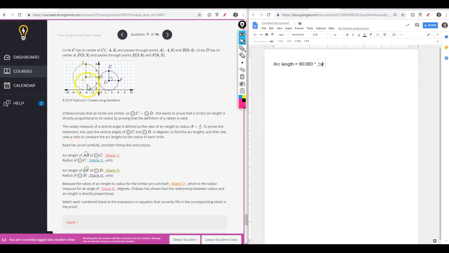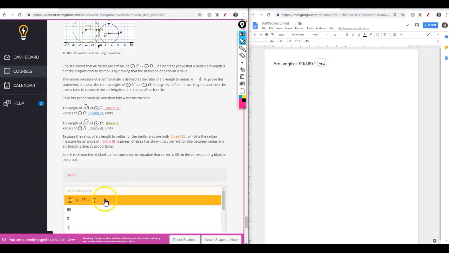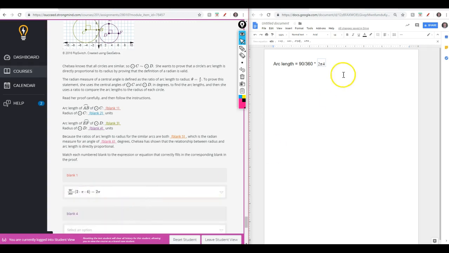For circle C, the radius is 1, 2, 3, 4, so this is going to be 4. So I'm looking for 90 over 360 times 2 pi times 4, which equals 2 pi. I would keep that in mind. Blank 1 is 2 pi.